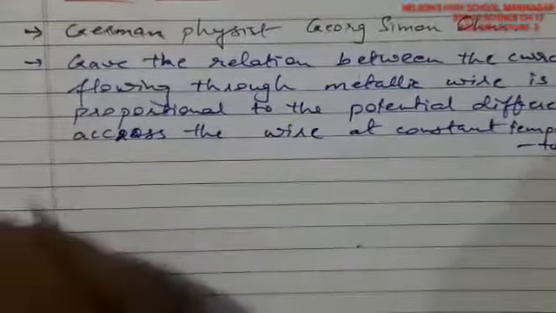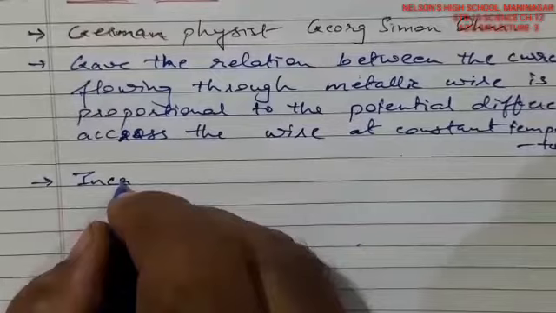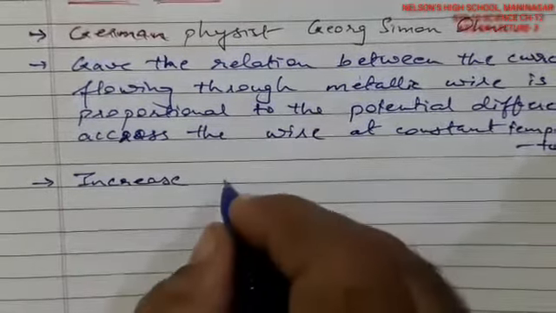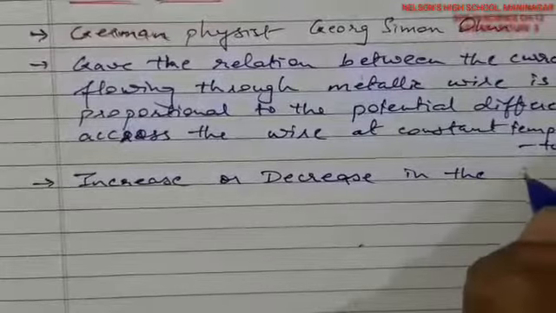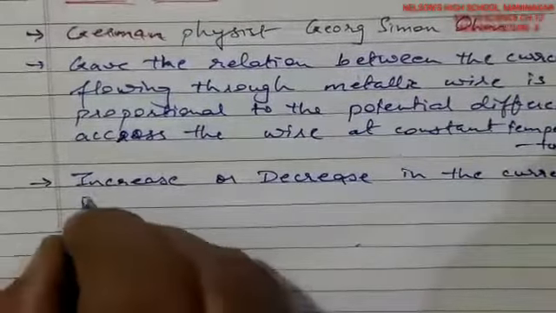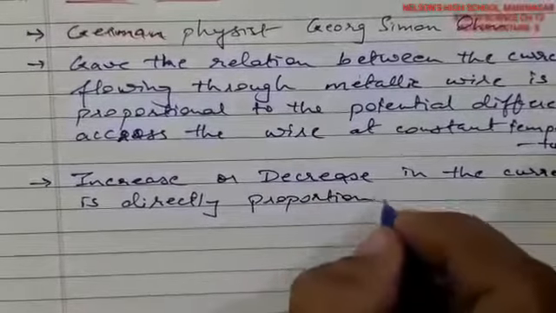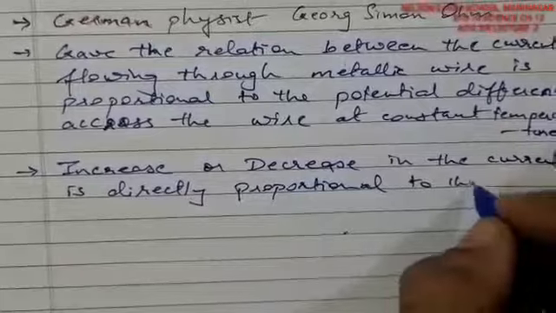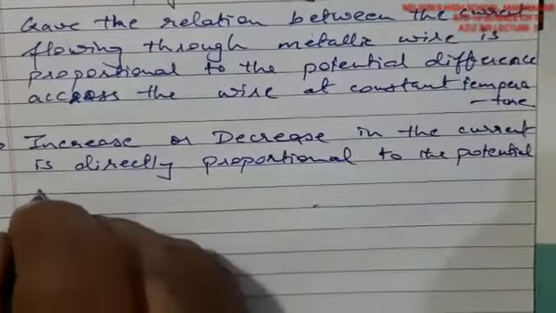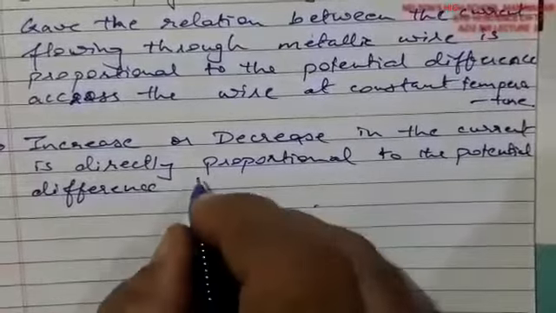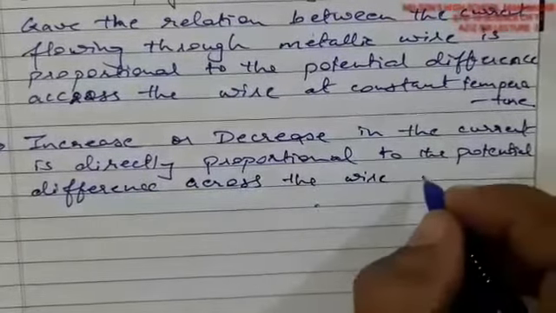So he suggested that an increase or decrease in the current is directly proportional to the potential difference across the wire at constant temperature.